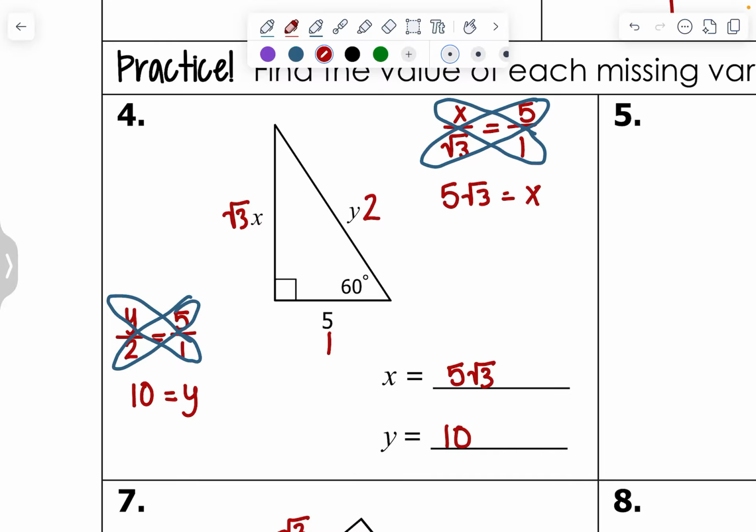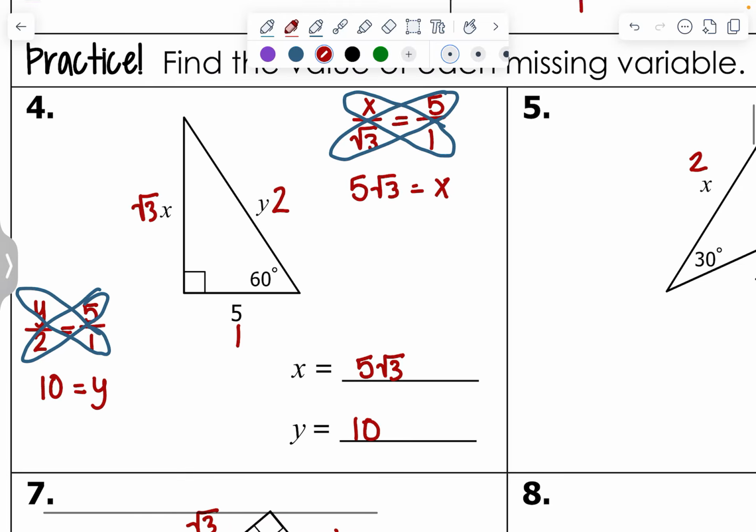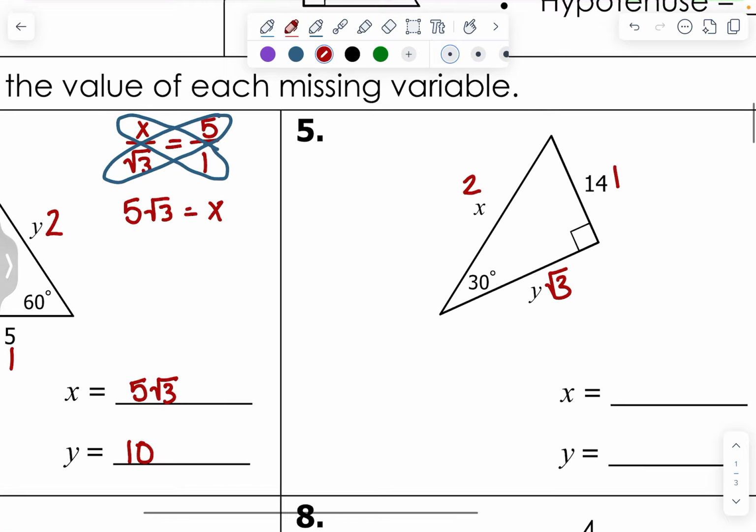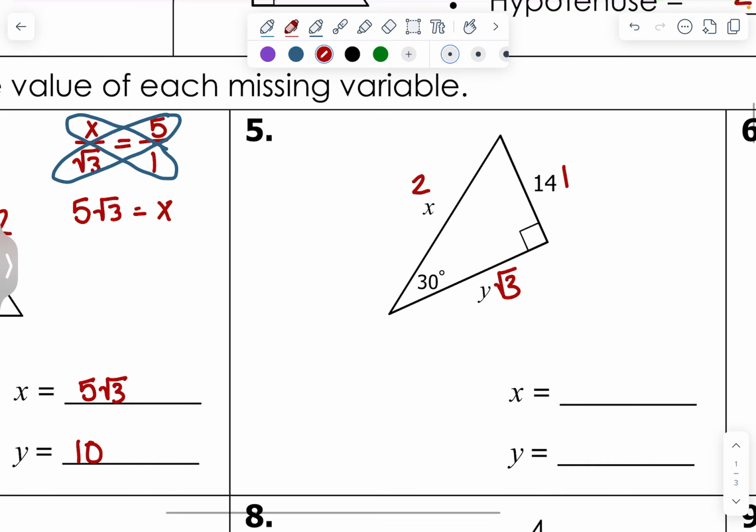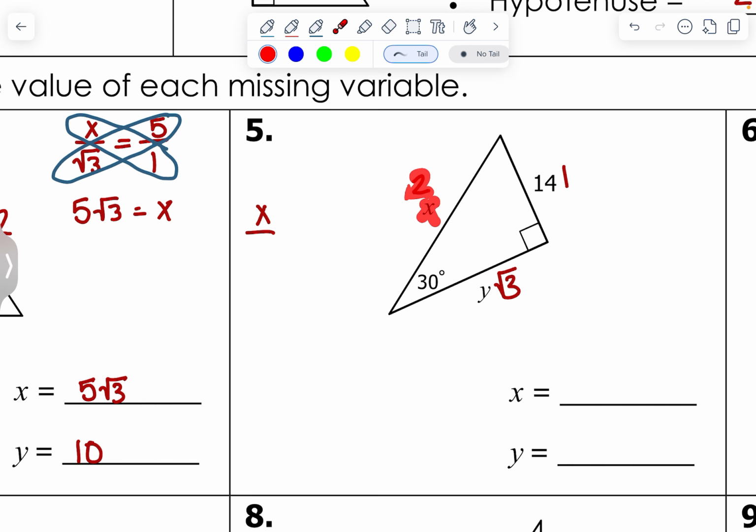All right, let's look at number 5, the next 30, 60, 90 right triangle. So let's solve for x first. We're going to put x over the rule, so missing side over rule. What is the rule with x? What we labeled right next to x is 2.